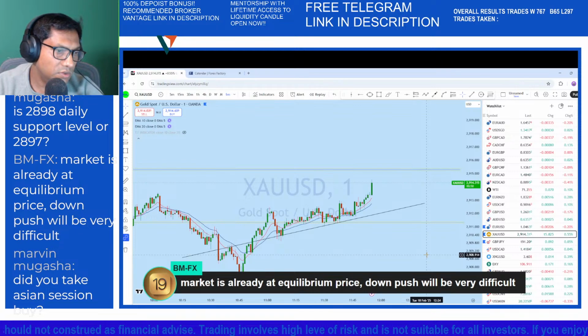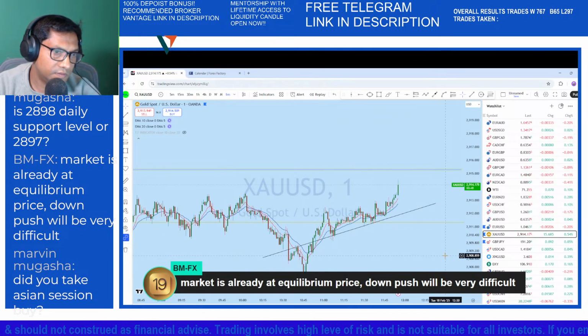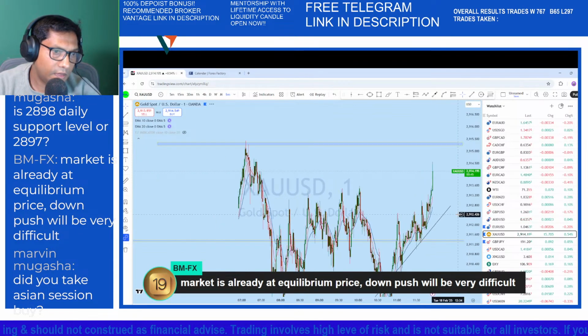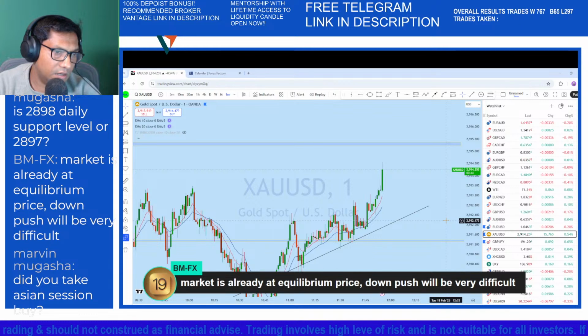So there is a bounce, and you can see a strong bounce here.